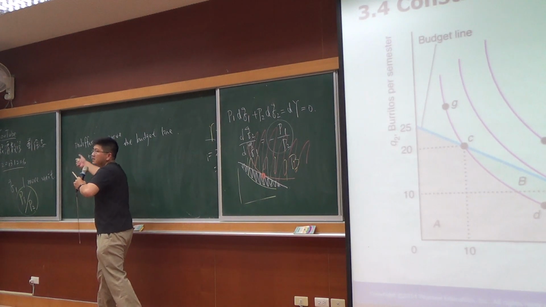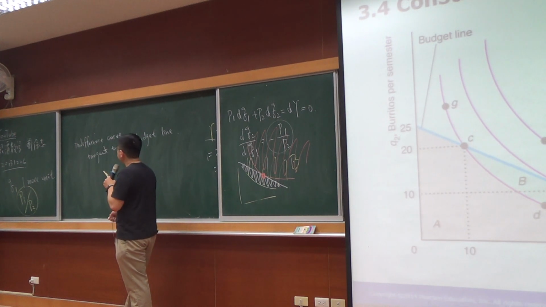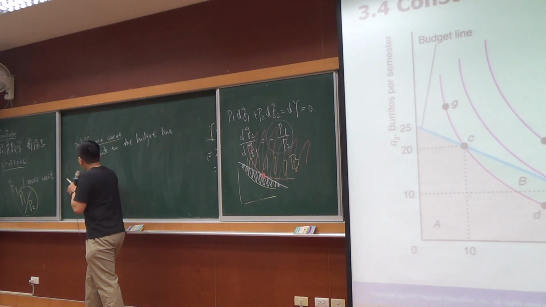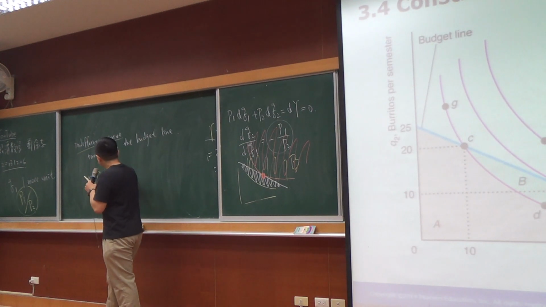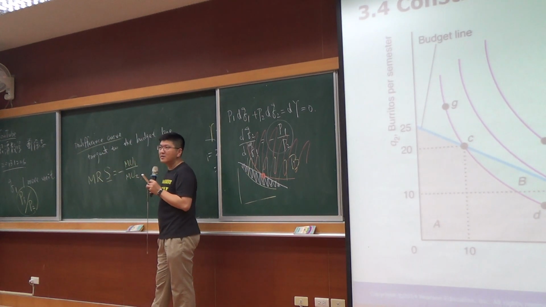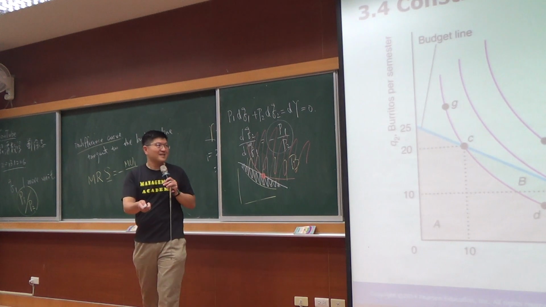And we may interpret this phenomenon using mathematical terms. What is the slope of the indifference curve? Do you remember that? Our marginal rate of substitution. Do you remember? Which is defined as MU1 over MU2. Most of you look like you already forgot it. Last week we talked about this, MRS. Let's go back.